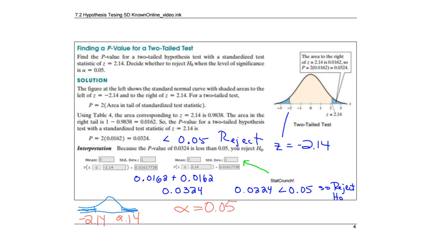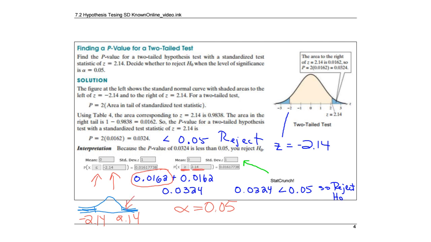Okay, so what we have to do in StatCrunch is find that area. So we have to do it twice because it's on the ends. And so we're going to go into calculator normal again. First, we're going to point to the left and put our negative 2.14 in there. That gives me an area of 0.0162. And then I'm going to do it again. This time I'm going to point to the right and put positive 2.14.